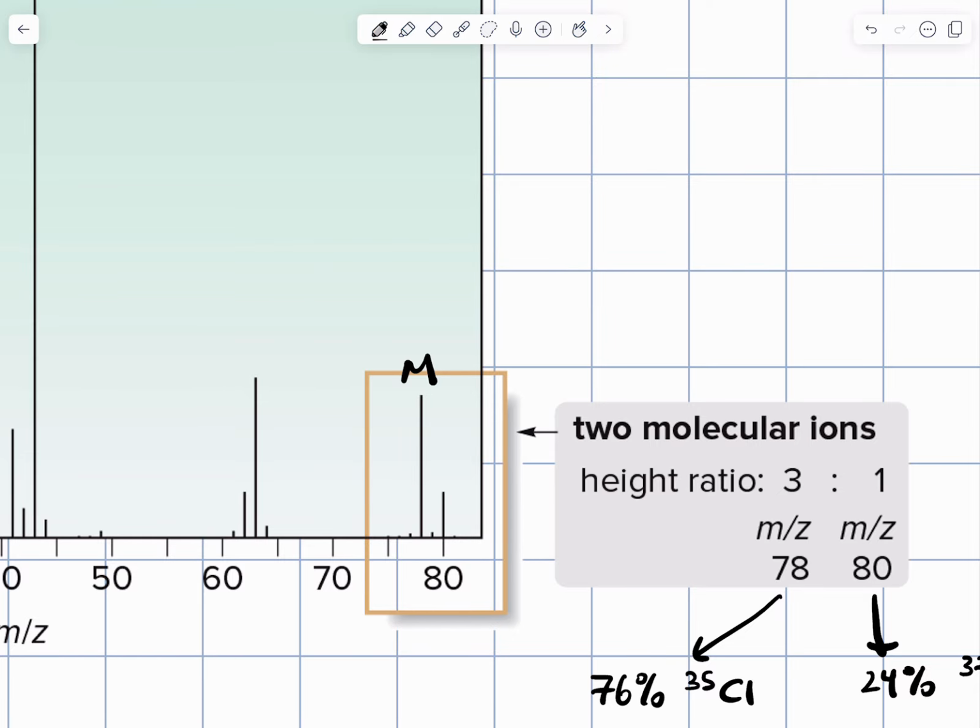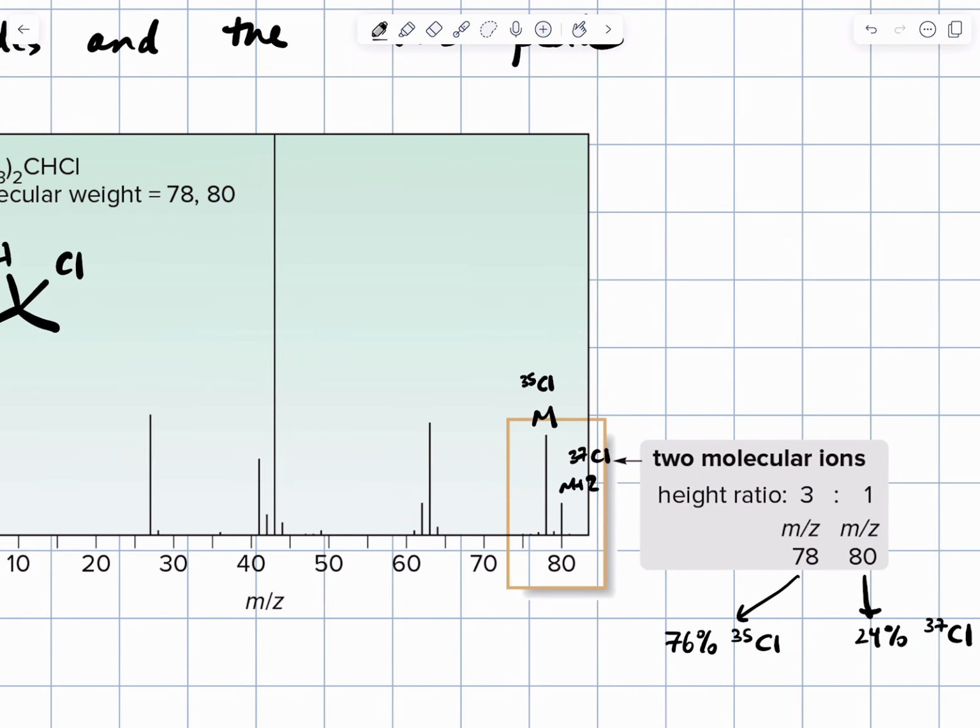And that is the M+2 peak. That corresponds to the 25% of molecules that have chlorine-37 versus the 75% of molecules that have chlorine-35. Now, you don't see that pattern in some of these other fragments. Why not? Presumably they've lost chlorine.